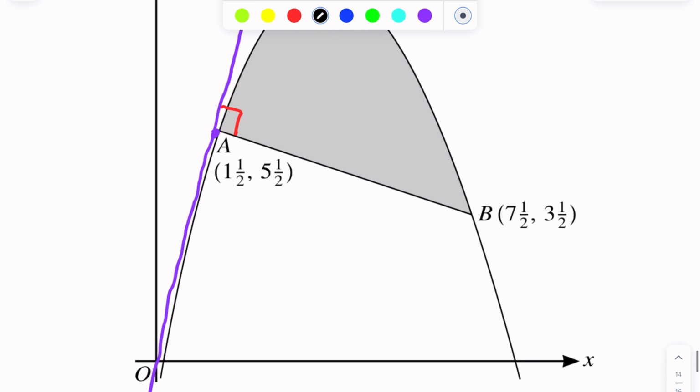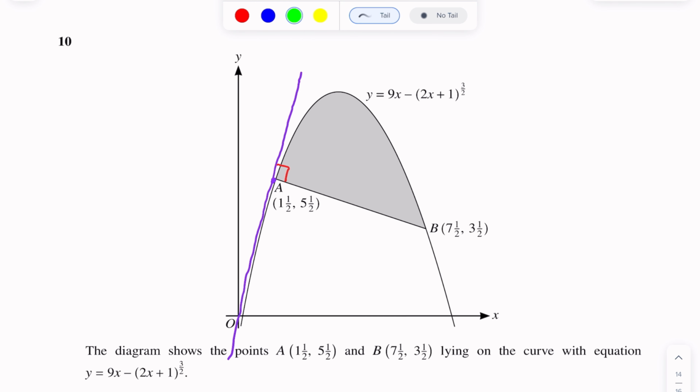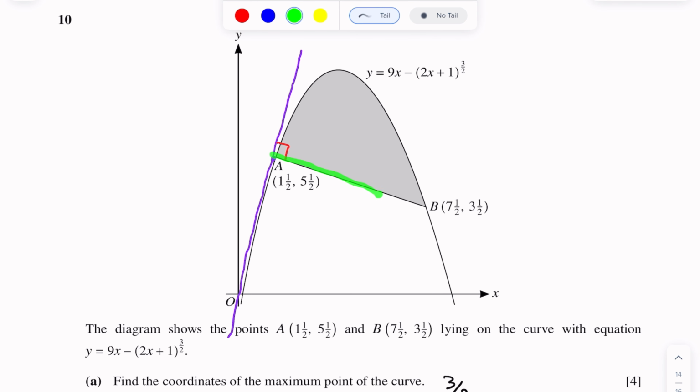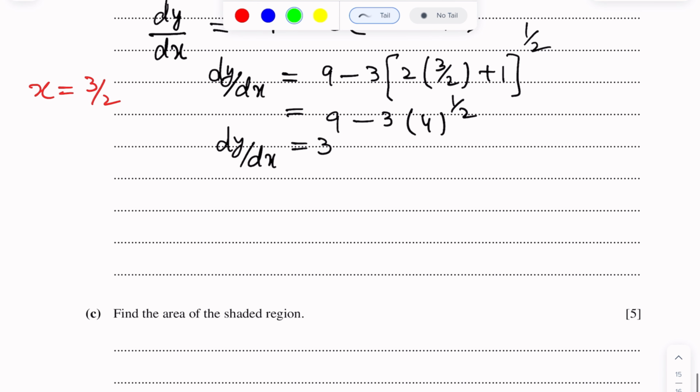Now we will also find the gradient of normal. This line is normal AB. To find its gradient, we will use the gradient formula because both the points are lying on this line. We will use here gradient formula y2 minus y1 over x2 minus x1.